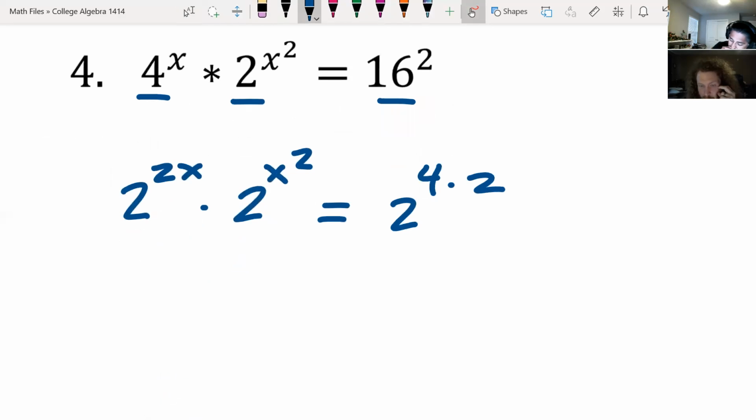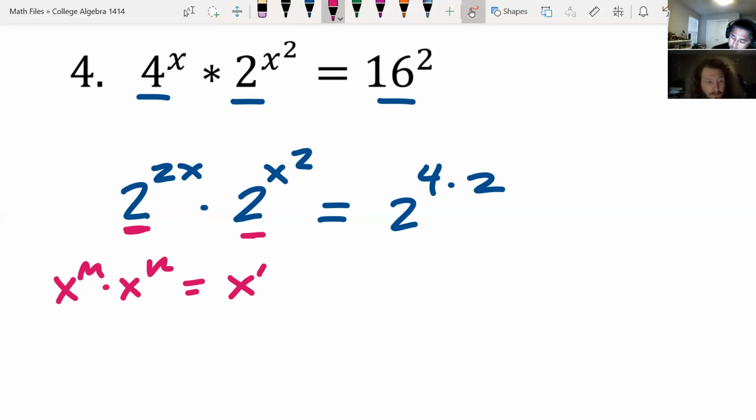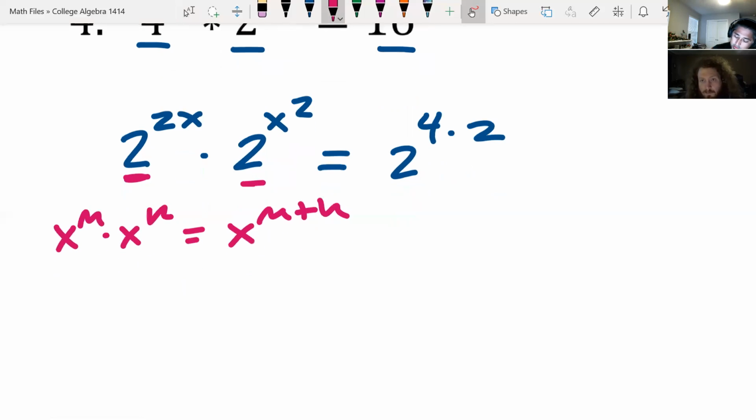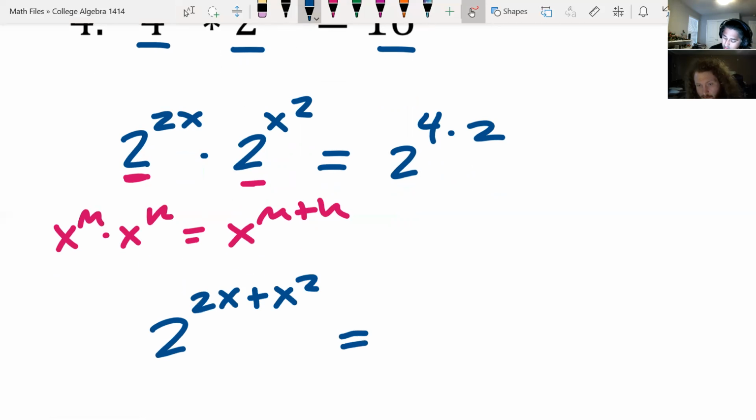Okay. And then we see that these have the same base. So like the property Carl wrote, x to the m times x to the n gives you x to the m plus n. So for this one, we're going to have 2 to the 2x plus x squared equals 2 to the 8th.